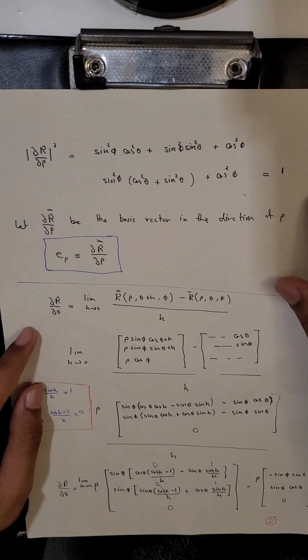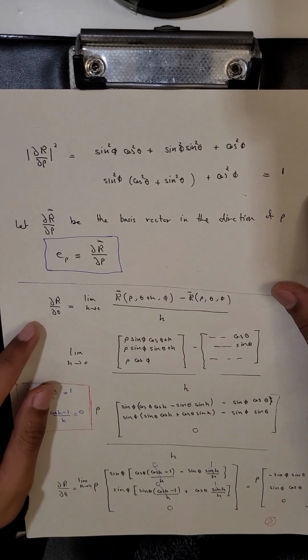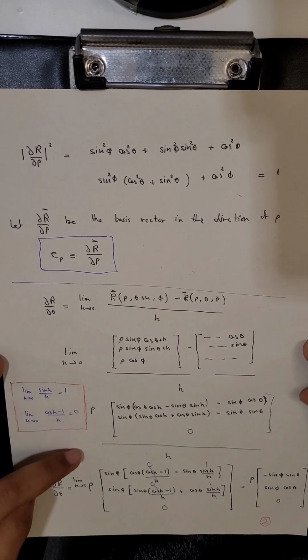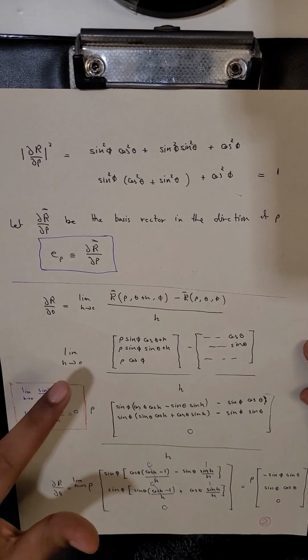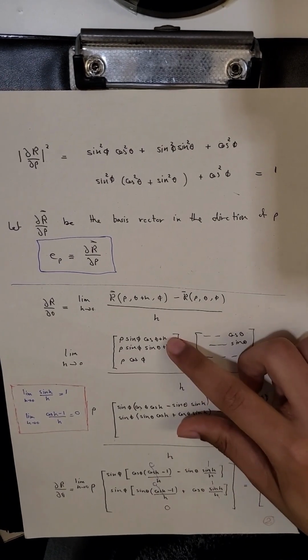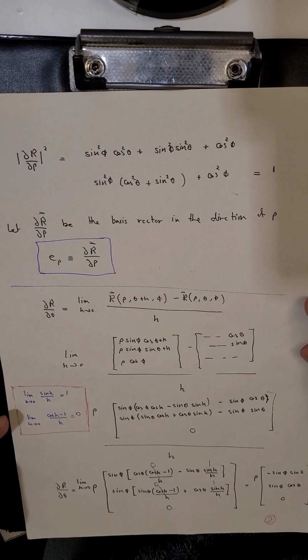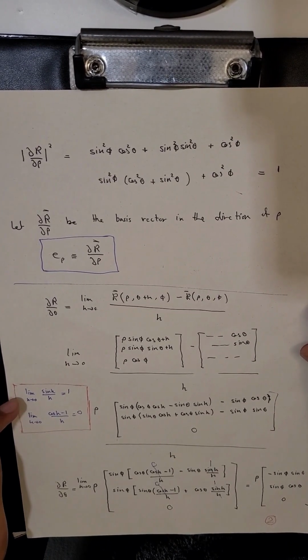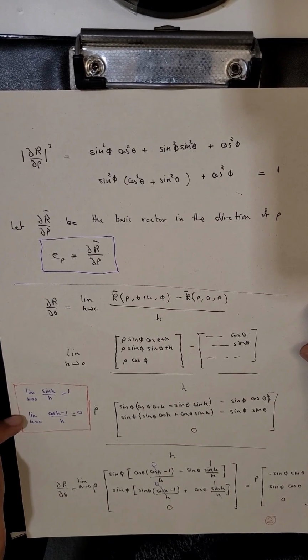Then we do the same thing for the theta direction, so the partial derivative of r in the direction of theta, and you can work through the algebra yourself. You need to know some trig identities for the addition of angles, and you need to know these two limits: the limit of sine h over h as h goes to 0, and the limit of cosine h minus 1 over h as h goes to 0.